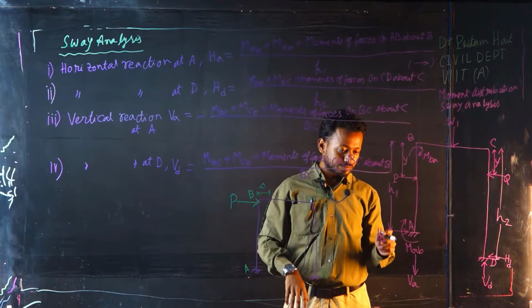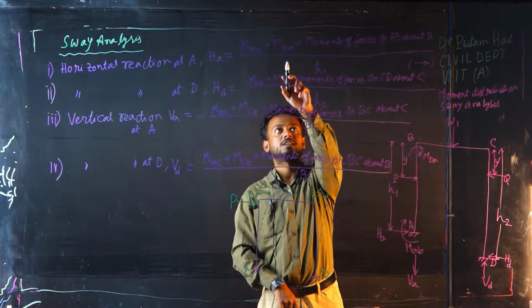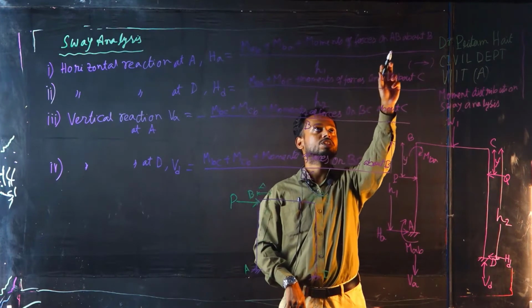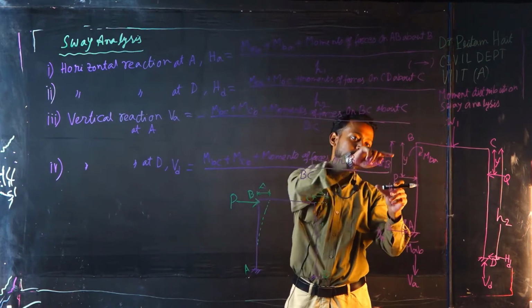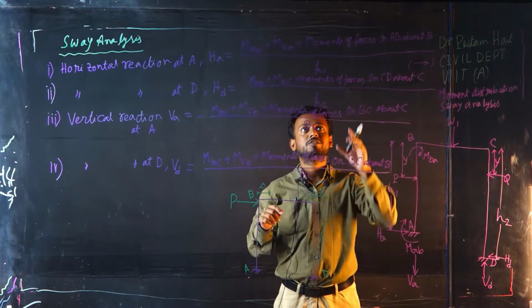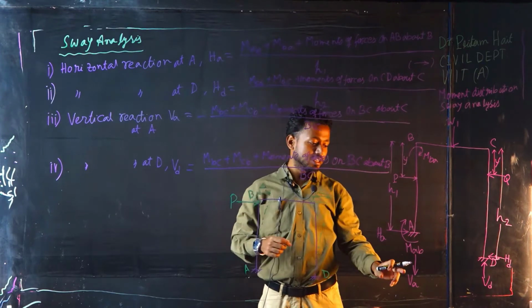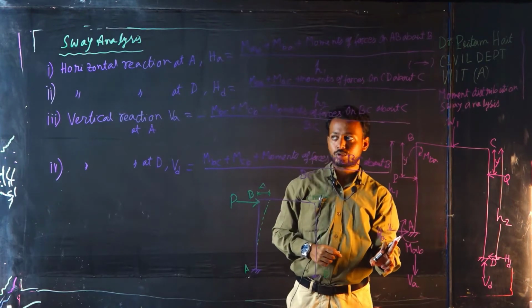So we will add these two moments, that is MAB plus MBA plus moment of forces on AB about B, that means plus P into Y. Okay, this will be divided by H1.